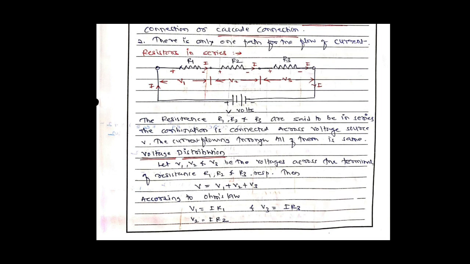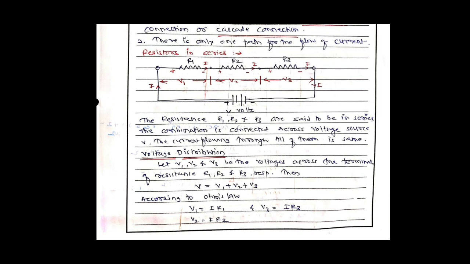So in a series circuit the current is the same in all the resistances, but there is a different voltage across the circuit elements. So let us see the voltage distribution in this circuit.